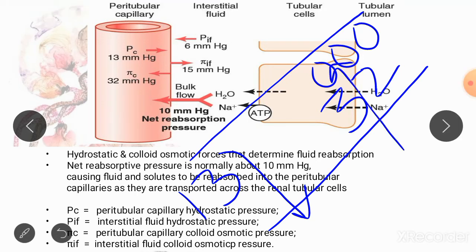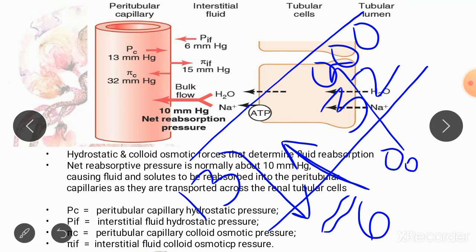Then the hydrostatic pressure of fluid present outside in the interstitial space is around 6 millimeter mercury, and it is an inward force, and it is going to cause reabsorption. And there are solutes and proteins in large quantities within your interstitium, and the osmotic force which they exert is around 15 millimeter mercury, and this is an outward force.